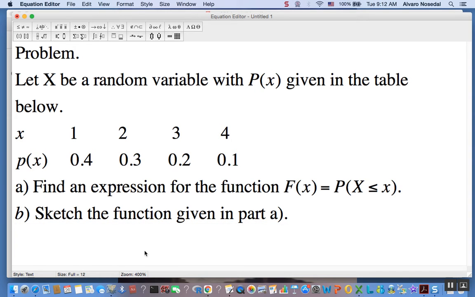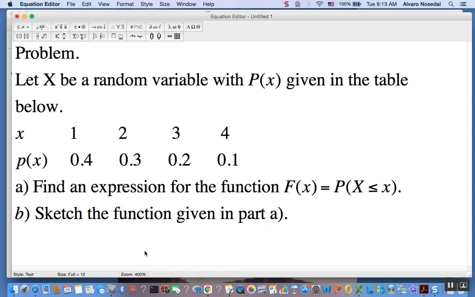So as I said, we are going to start with a discrete random variable because you guys have a lot of experience at this point with those. We have a random variable x and its distribution, meaning the list of possible values for this random variable along with the corresponding probabilities.